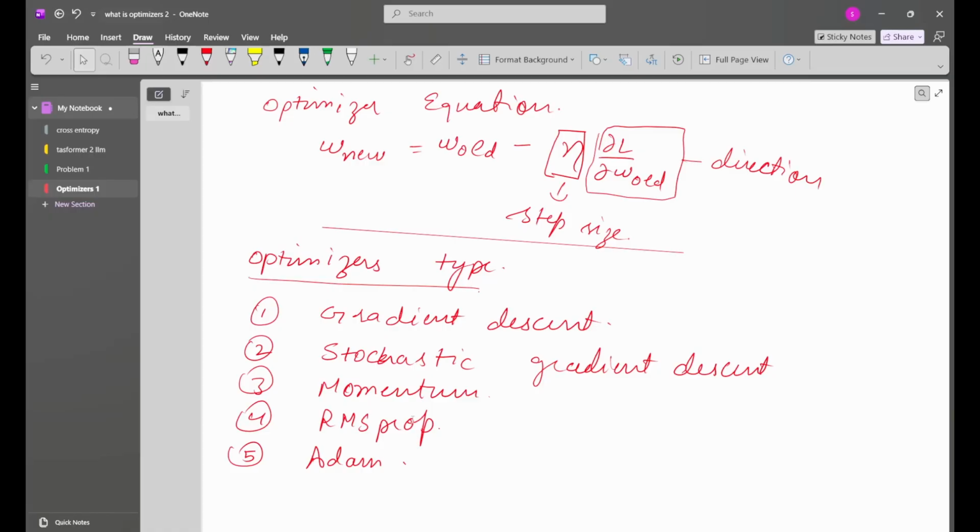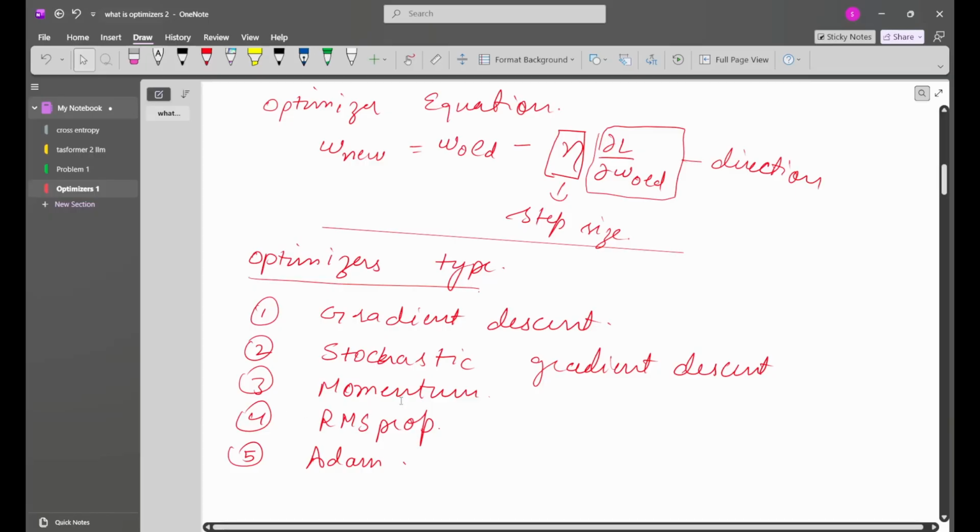The first one is gradient descent, which takes the whole data set to update weights in one epoch. In stochastic gradient descent, we make a prediction, compute the loss, and then update the weights. Then we iterate this multiple times, corresponding to the number of rows in our data set.